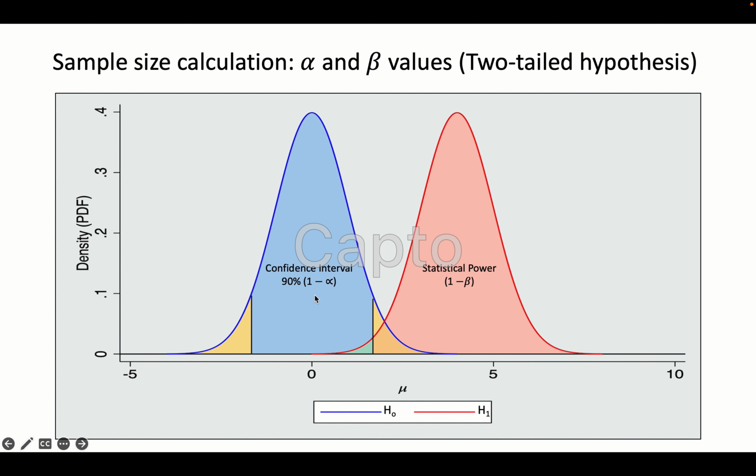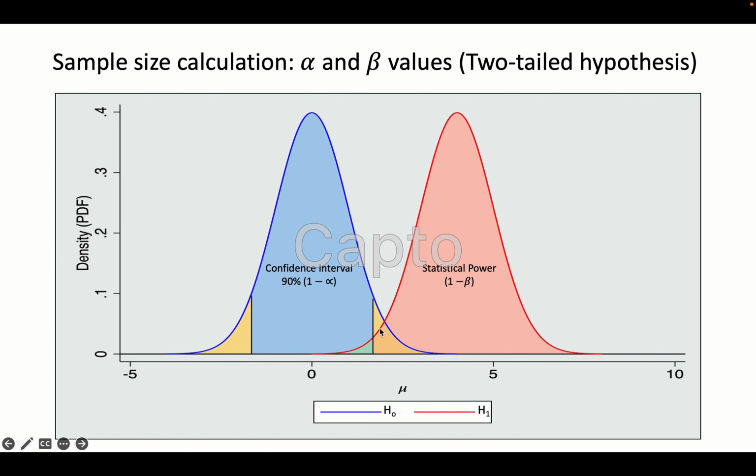And if you want to increase the statistical power again without increasing the sample size, you will need to sacrifice a little bit of the alpha value. In this case, this yellow area is 5% of the area under the curve, this is the other 5%, and the remaining 90% is the confidence interval, right?